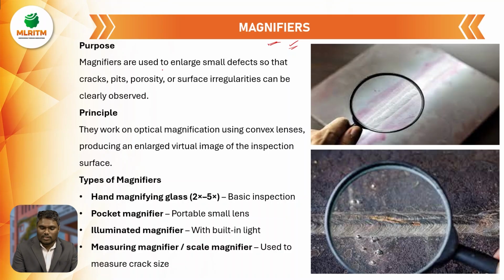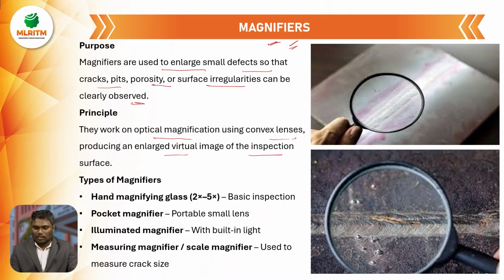Mainly magnifiers are used to enlarge small defects, so defects that can be easily found are cracks, pits, porosity, and surface irregularities can also be clearly observed. What is the basic principle of a magnifier here? It works on the basic principle of optical magnification, where using convex lenses it can produce an enlarged virtual image of the inspection surface.